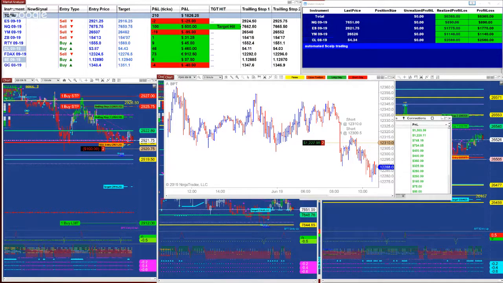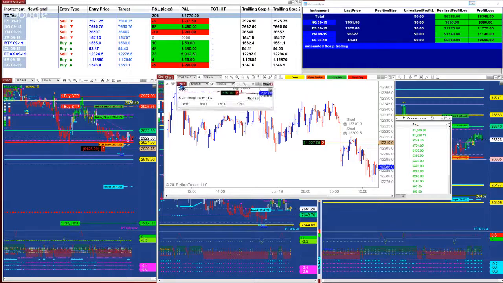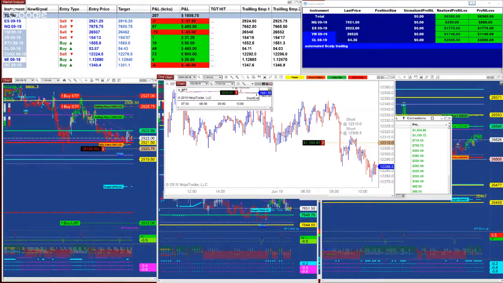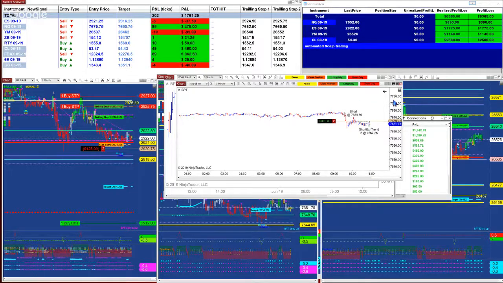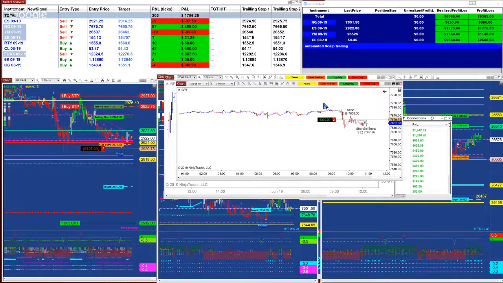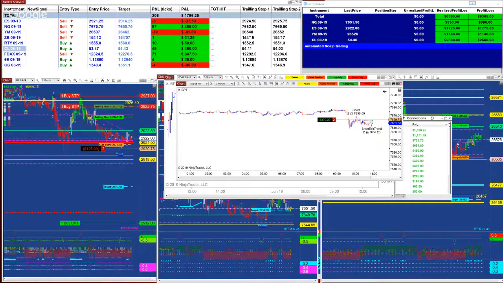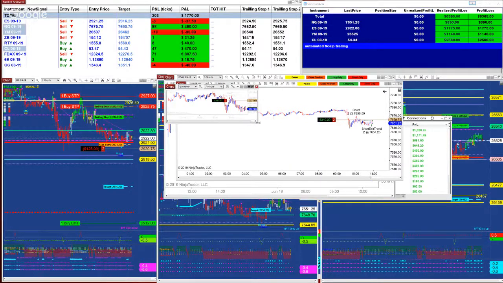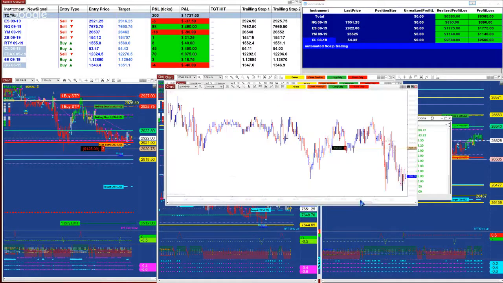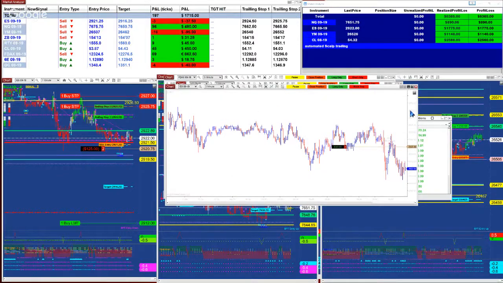If we want to look on the Nasdaq, this is the Nasdaq trade. This is the ES trade. We still on the ES trade.